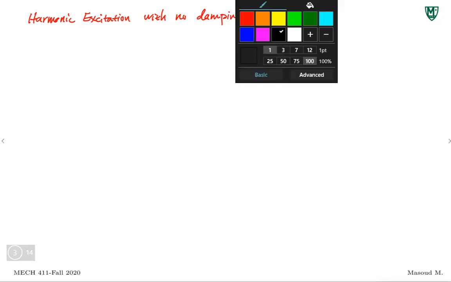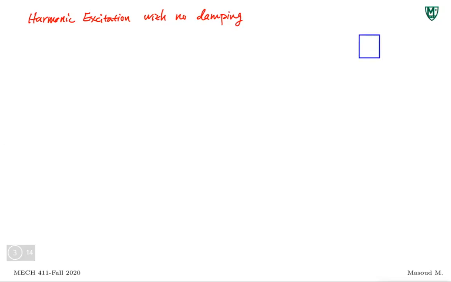Let me use the typical color. I have my spring mass system here, mass M. I don't want to deal with any friction, so just think there is no friction, a smooth surface, or there are wheels so that we can ignore friction. Stiffness, it's a typical system we had from before.